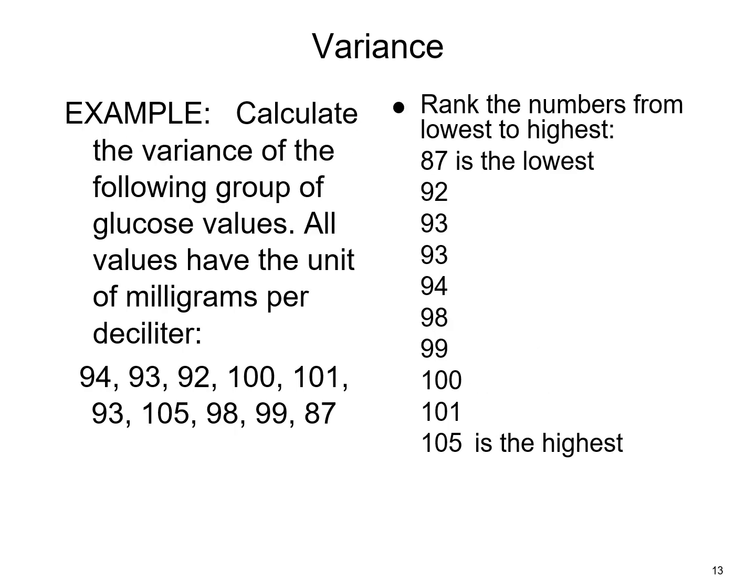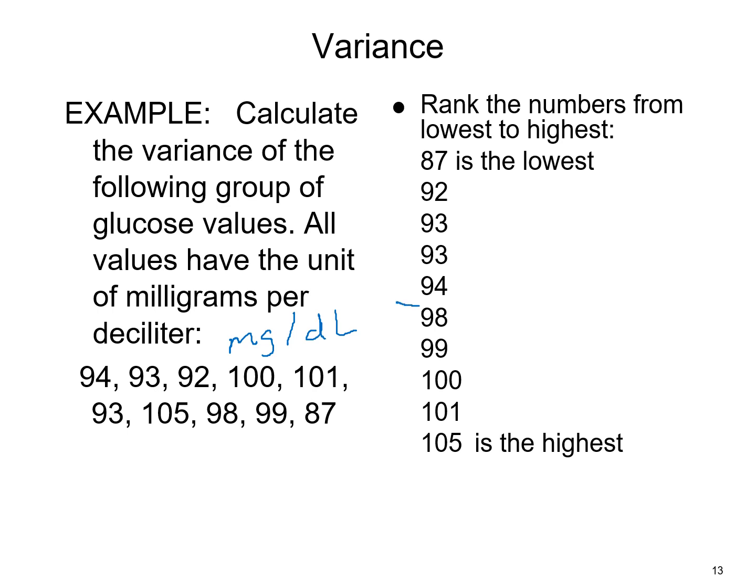So here, let's work an example of calculating a variance. Of course, here we have a list of 10 values that are representing glucose values as milligrams per deciliter. And our first step is to rank these values lowest to highest. So ranking them lowest to highest, we have 87 is the lowest, 105 is the highest. There's 10 values.